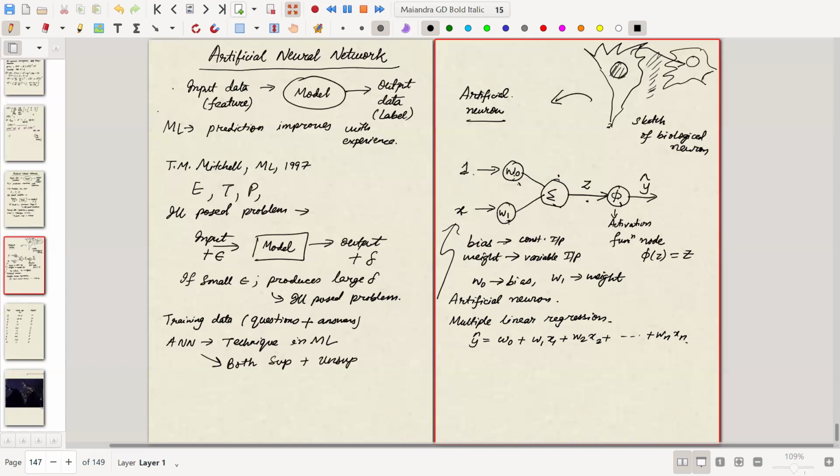The activation function will also be linear, phi z equals z. Can you draw this artificial neuron diagram for multiple linear regression? Draw it now.